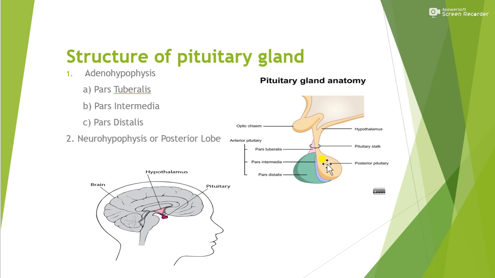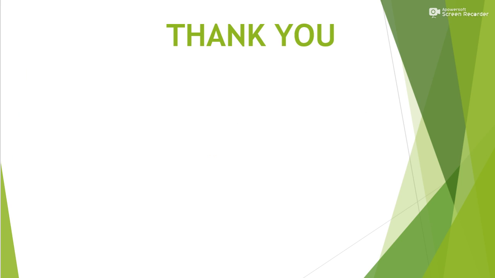The production of hormones by nerve cells is known as neurosecretion, and thus the neural lobe or infundibular process is simply a storage depot for the hypothalamic secretion and does not contain its own secretory cells. This is about the neurohypophysis. This is all about the structure of the pituitary gland. Thank you so much.